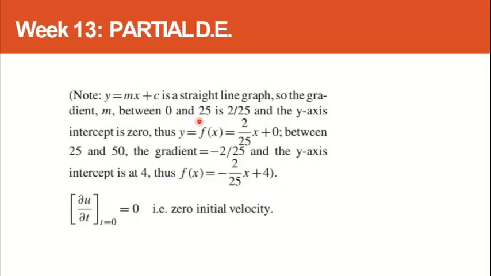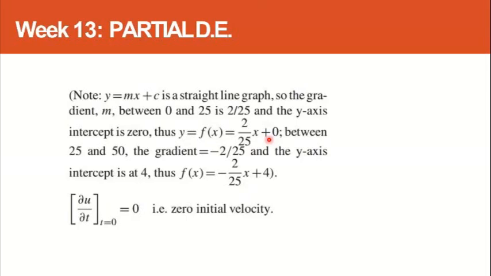So dito, value ng x natin as 0 and also value natin ng x natin is 25. And for the function naman, to determine naman natin yung y, based doon sa x natin, i-substitute lang natin dito sa value ng x natin. Which is yung first natin na equation is f of x is equal to 2 over 25 times yung x plus 0.